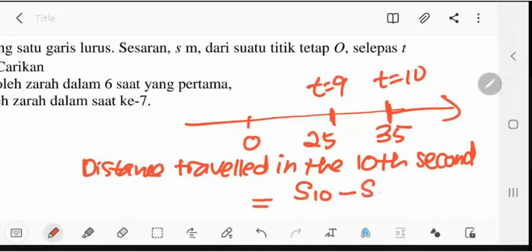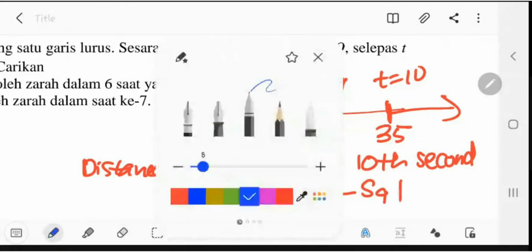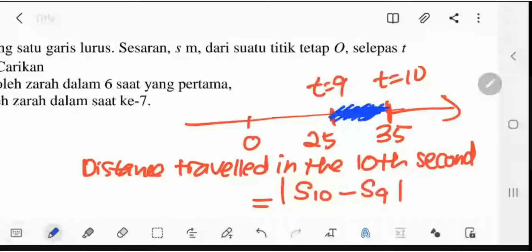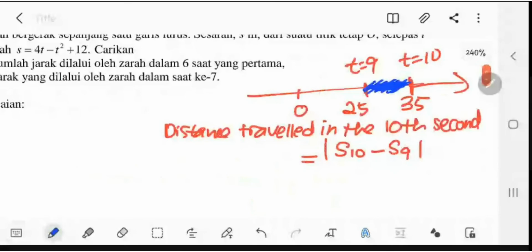Kita letak modulus. S10 minus S9 tu maksudnya part ni je. So jawapan kita, 35 minus 25. That is 10 meter.